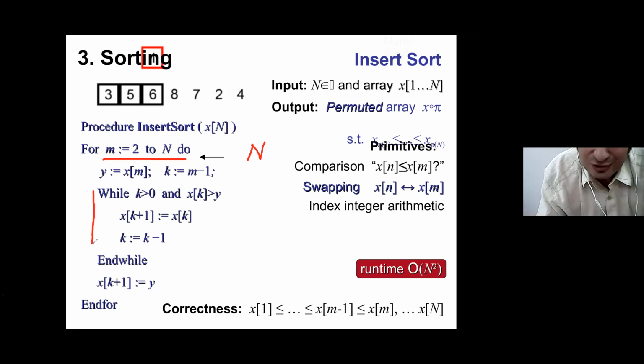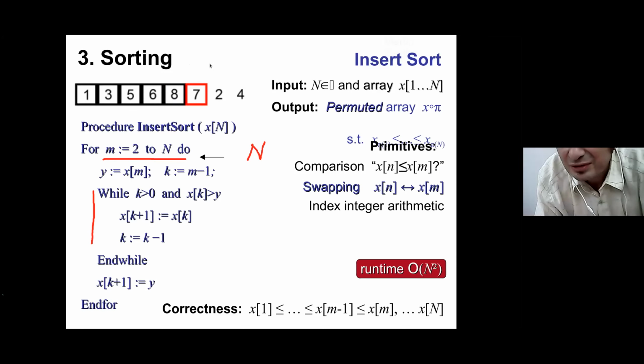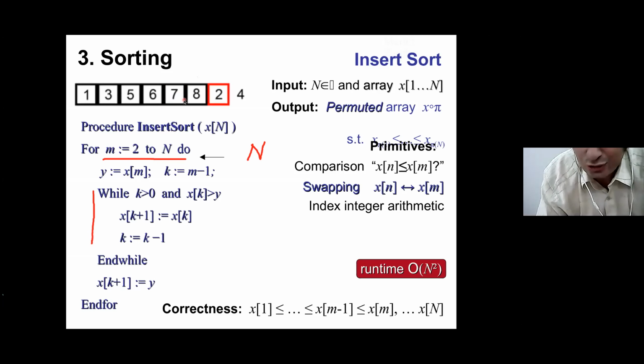And now you see, when you take some element like this element 7, how many operations do you have to do for this shifting until you find the position of the 7?